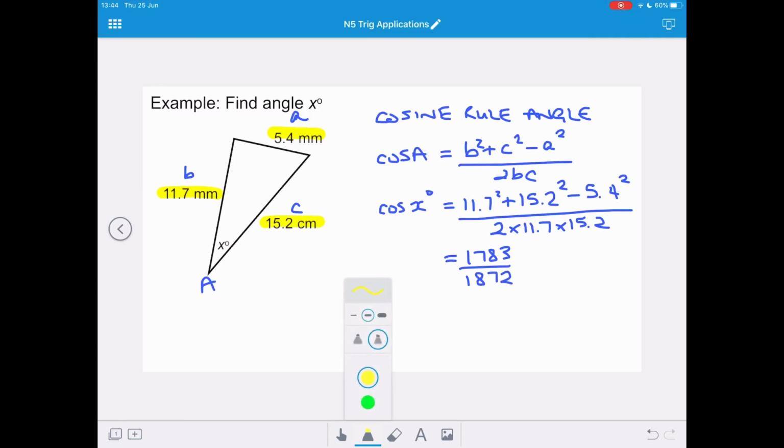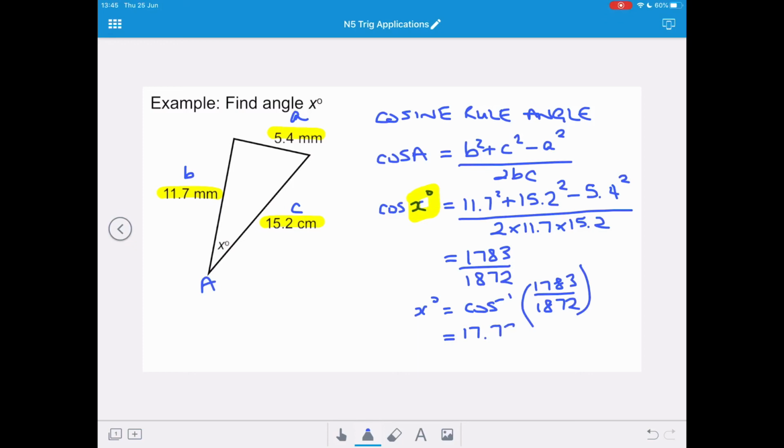Now to work out what angle x is, we're going to do the arc cosine of that fraction. So x degrees is going to be arc cos, or the shift cos button, of 1783 over 1872. And that's going to give us an angle x degrees of 17.738 and so on. Rounding it to one decimal place gives us an angle x degrees of 17.7 degrees.